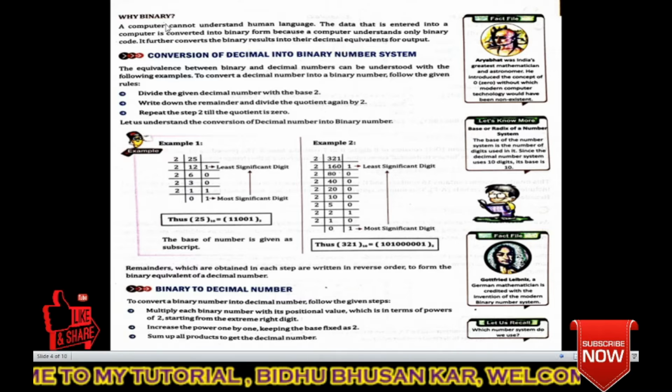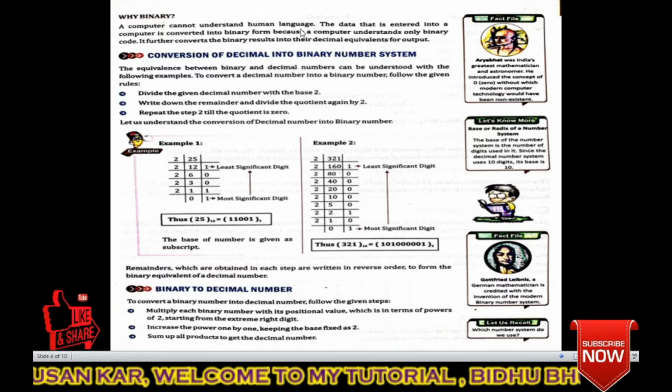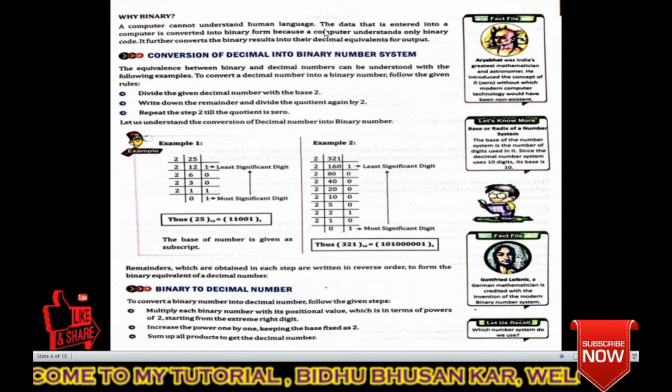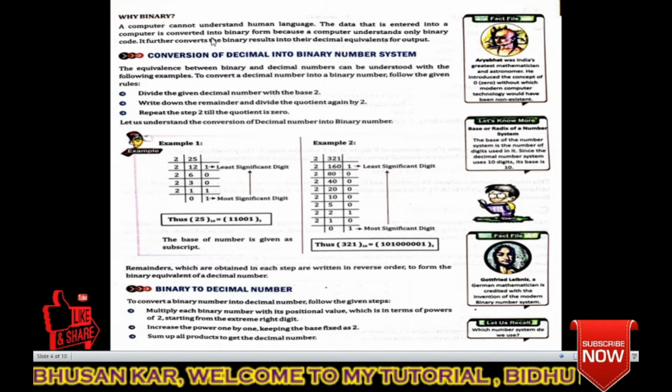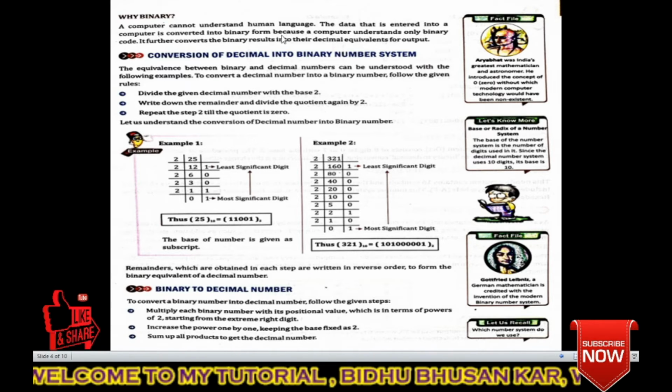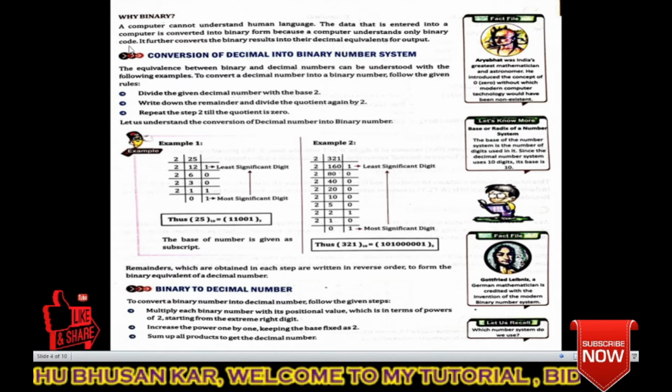Next, why binary? A computer cannot understand human language. Yes or no? The data that is entered into a computer is converted into binary form because a computer understands only binary code, that is 0 and 1.